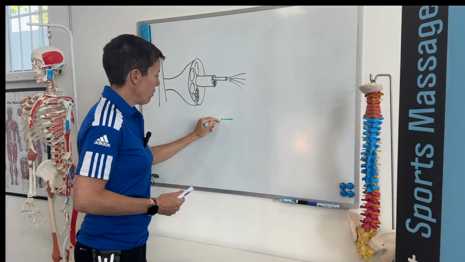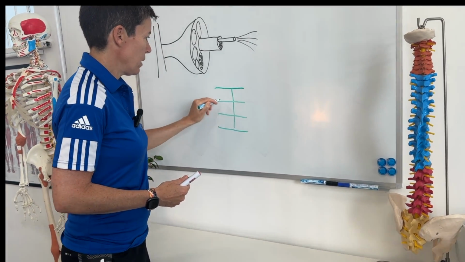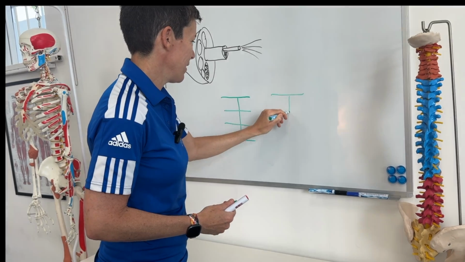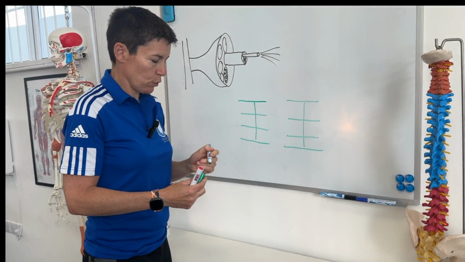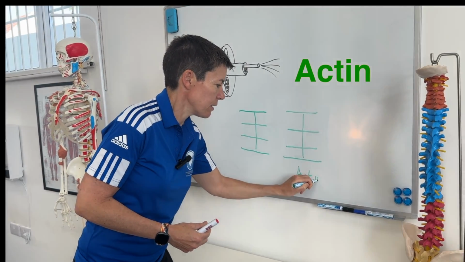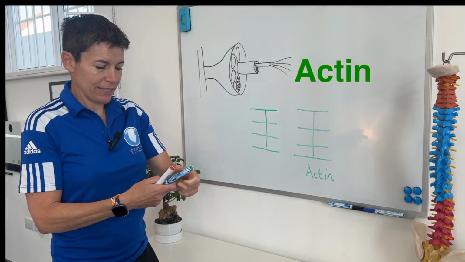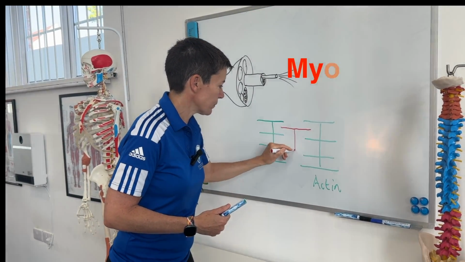So let me draw this and this. So the green on the board, the green are the actin filaments, and the red are the myosin.